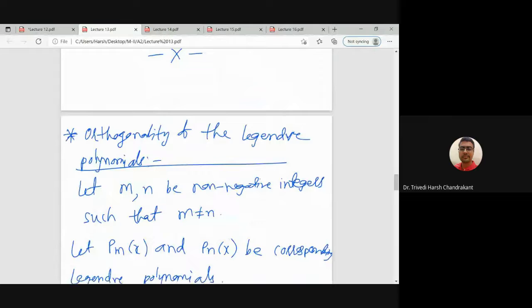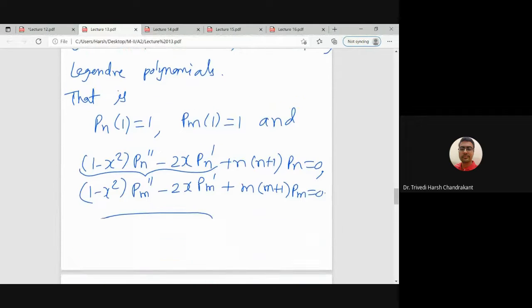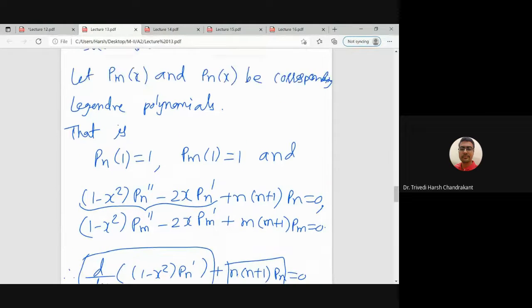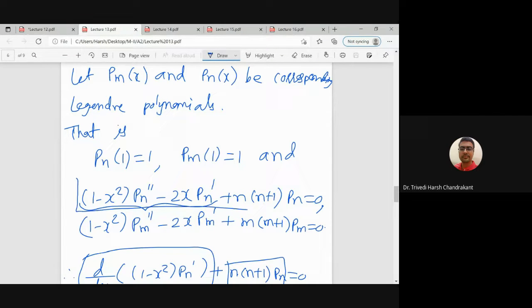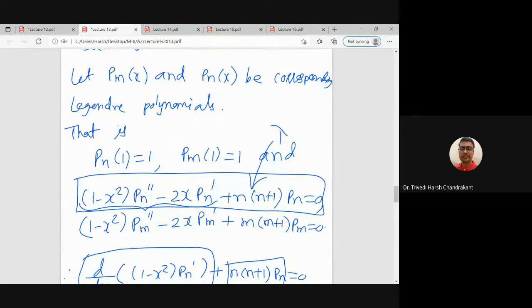That is what we discussed in the previous lecture, that whenever we solve such a differential equation which depends on some real number lambda, whenever we take different values of lambda, we get its solutions, which are the Legendre polynomials, and these solutions are non-zero solutions, right?